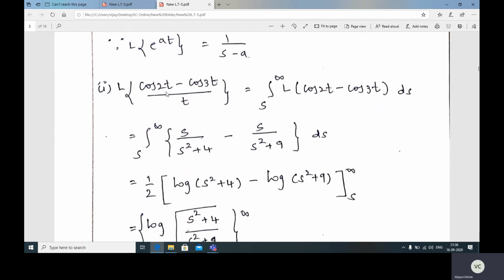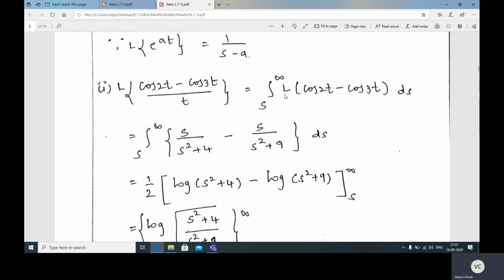Laplace transform of cos 2t minus cos 3t divided by t. So this is of the form Laplace transform of f of t divided by t. So this is equal to integration from s to infinity of the Laplace transform of cos 2t minus cos 3t, integrate this with respect to s.